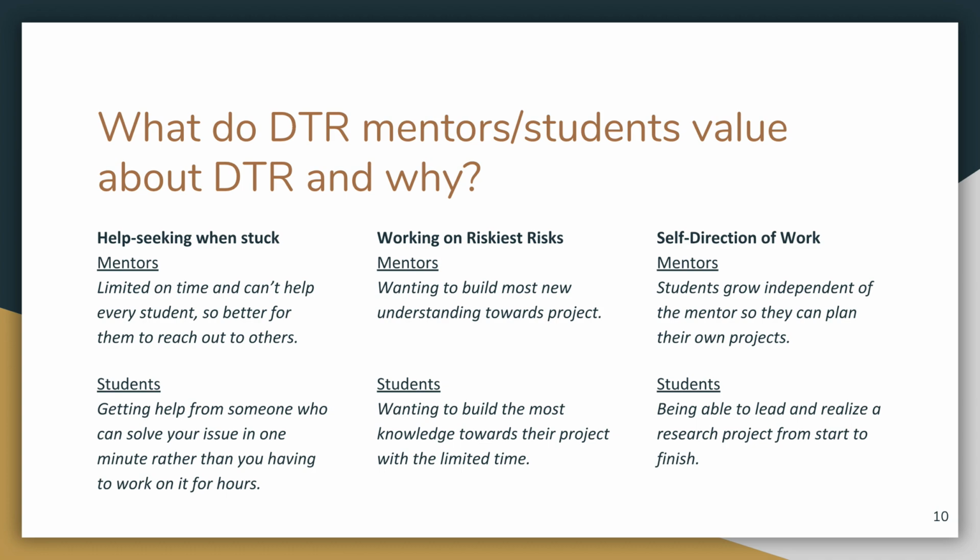And finally, the last common theme was the idea of self-direction. This is related to both help-seeking and riskiest risks, but one thing that's interesting is that the reasons for them are a little bit different. For self-direction, the mentors explicitly said that they cared about how a student can grow independent of the mentor so they can guide and plan their own projects, and the implications of that, both if the student were to go on later to be a graduate student or even in the workplace.